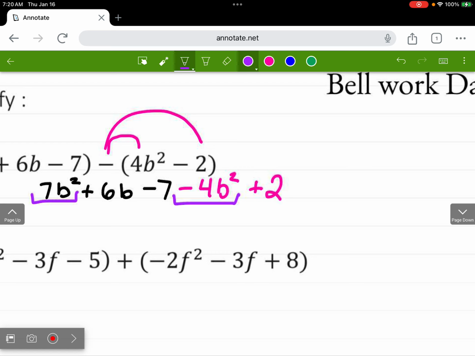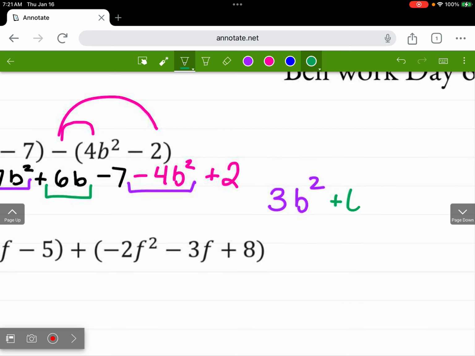So 7 things minus 4 things will leave us with 3 of those things, 3b squared. I don't have any other b's to put with it, so we're going to put our plus 6b. And then we've got our minus 7 plus 2.